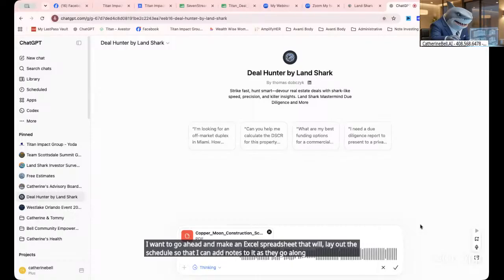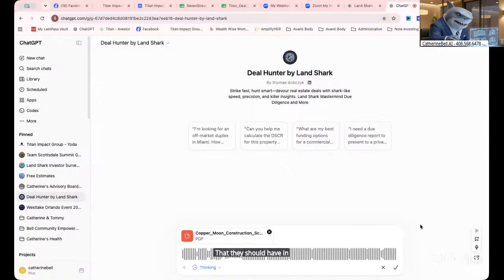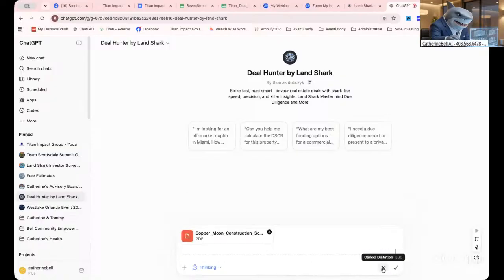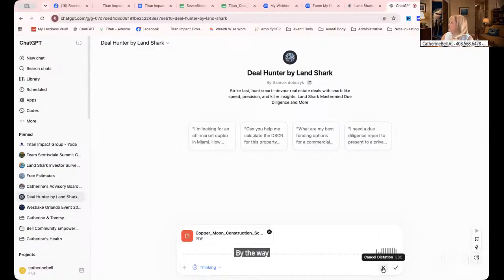I want it to be a little more detail oriented than what I have, and also check to see if there's anything missing that they should have in here, such as landscaping and stuff like that. By the way, today is Wednesday, July 8th.